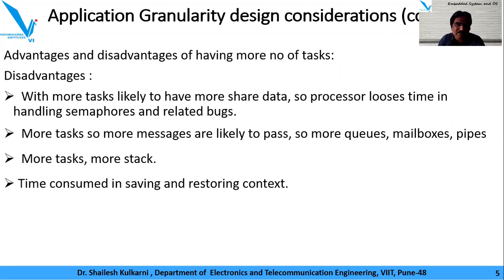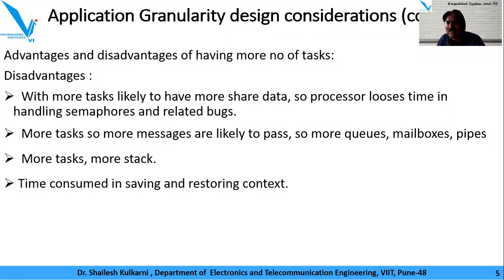Okay, fine. Then the time consumed in saving and restoring the context is very high, that we know. When we have more tasks, we land up with more task switching, and the amount of time required for task switches keeps on increasing. As I always say, task switching time is referred to as an overhead. This is overhead time, which does not directly contribute to the functionality of an application.